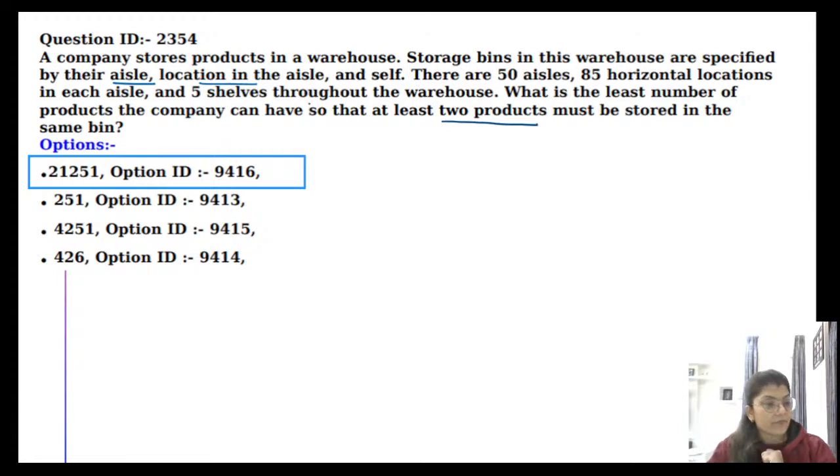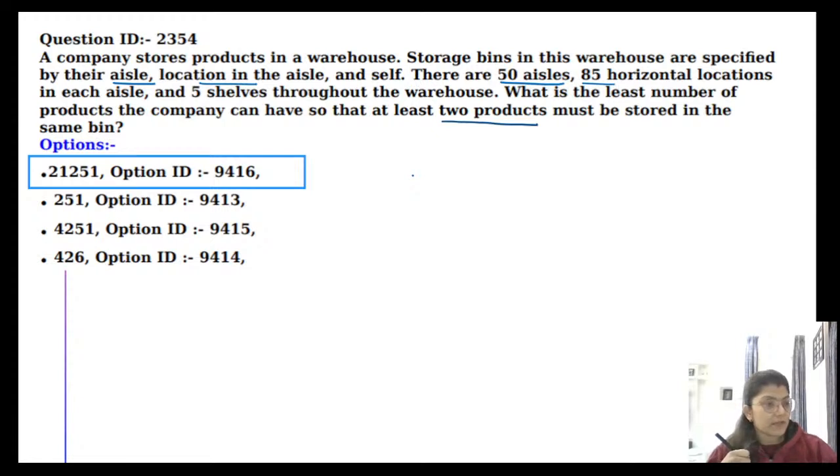They have specified the storage bins with the help of the aisle, where in the warehouse they are located, and which shelf. There are 50 aisles, and each aisle has 85 horizontal locations. Do you understand what an aisle is? An aisle is basically a walking space, a space left for walking in between.